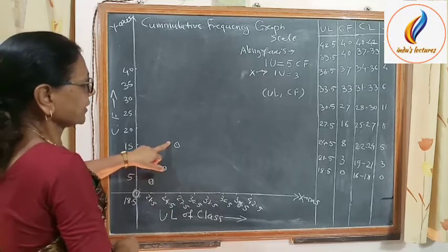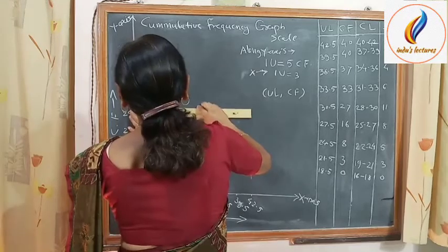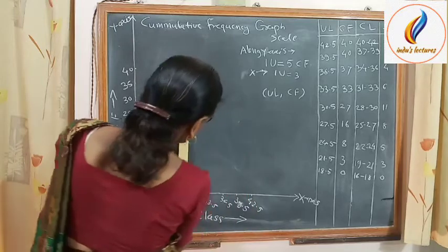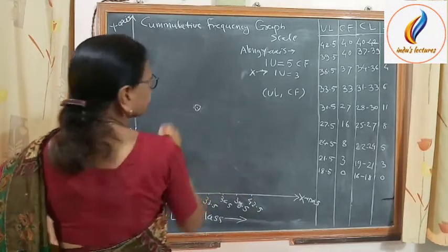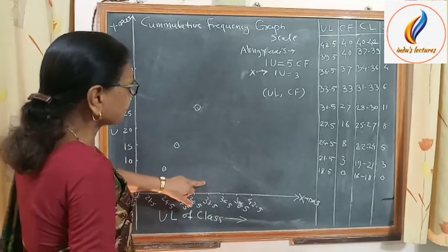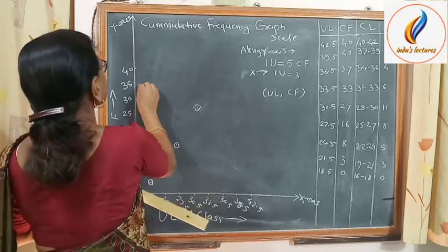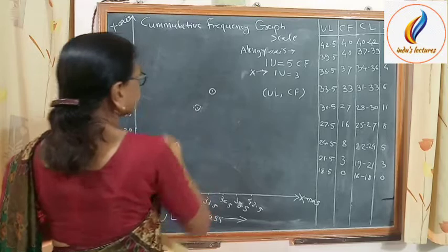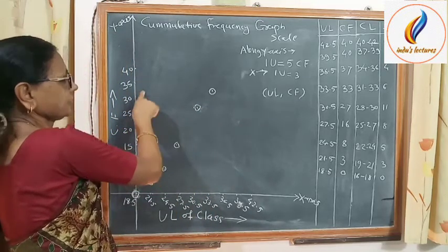Then the next point is 30.5 comma 27. So 27 is here and 30.5, that is the position of the next point. Then 33.5 comma 33.